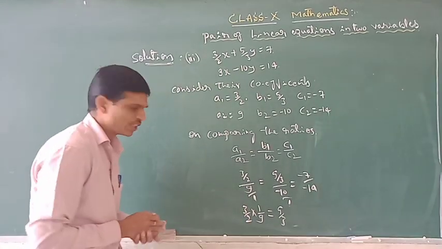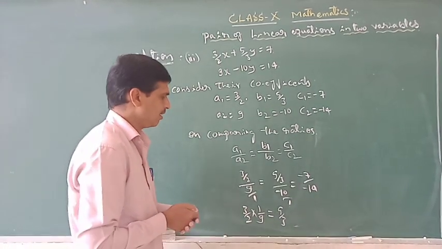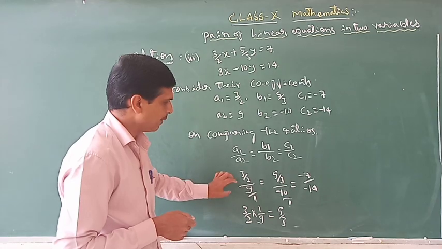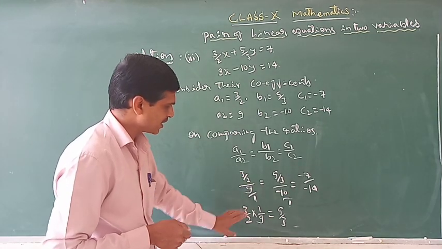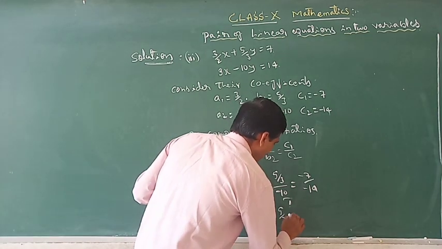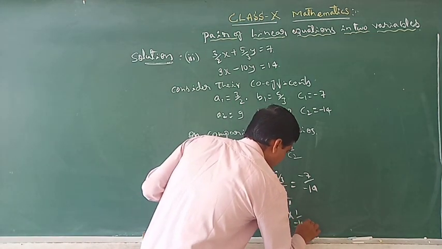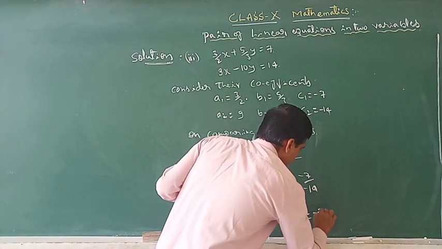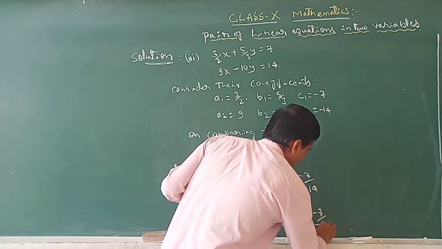You know the basic rule for converting any division form into multiplication. So 3 by 2 into 1 by 9, and 5 by 3 into 1 by minus 10, is equal to minus 7 by minus 14.